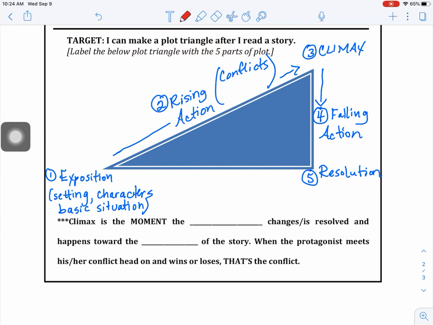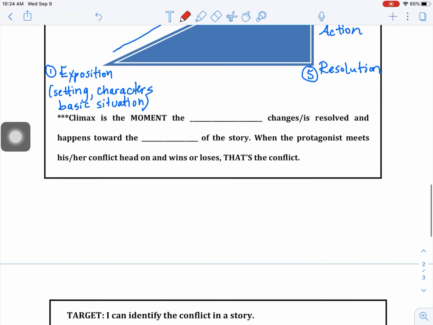Now, what I want to focus on next is what I have starred and in bold down here, because this is one of the trickier parts of literature, especially for 7th grade students. The climax is the moment that your conflict changes or is resolved, and it happens toward the end of the story.